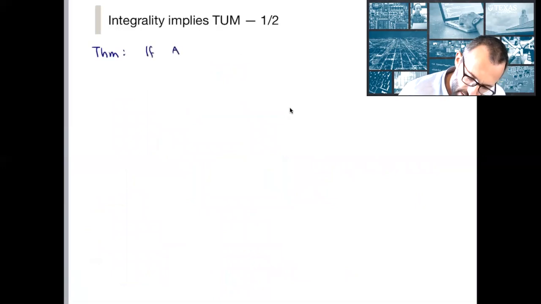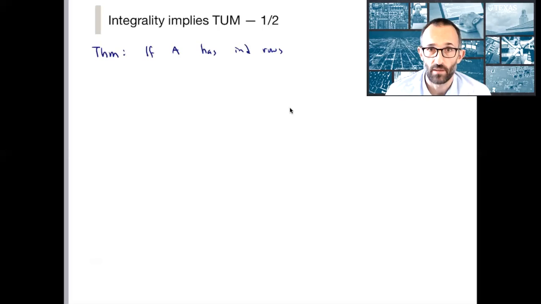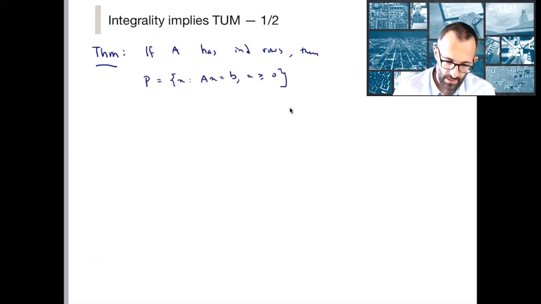If A has independent rows, as we usually assume when we have an LP in standard form, then the polytope, which is equal to x such that Ax equals b, I just wrote this before, and x non-negative, is integral.